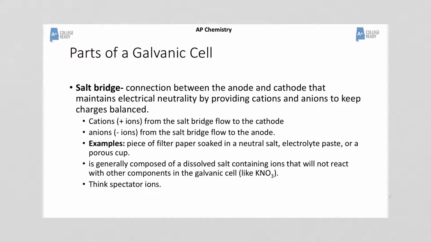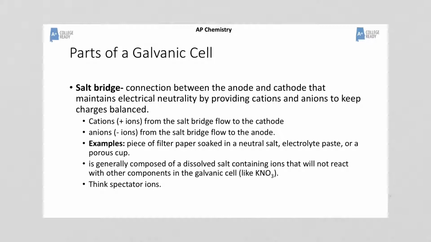The ratio of the ions that were previously dissolved in the solution changes, and we'll get into this detail in just a minute, but we need these soluble salts in the salt bridge to provide cations to neutralize the buildup of negative ions, and we need anions from the salt bridge to go to the other cell to neutralize or even out the buildup of positive ions.